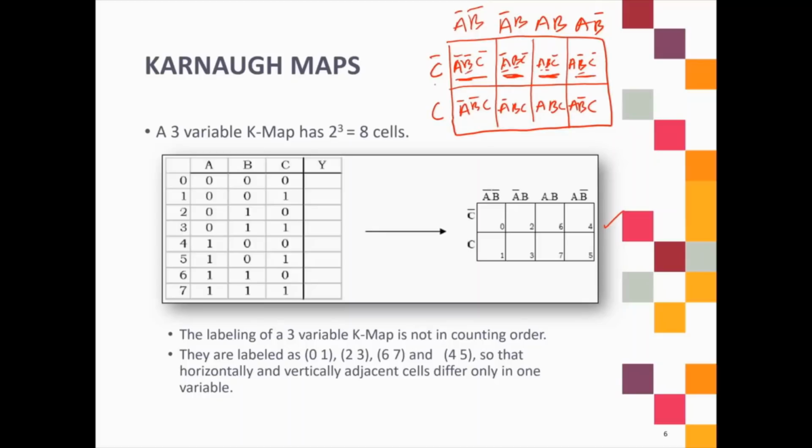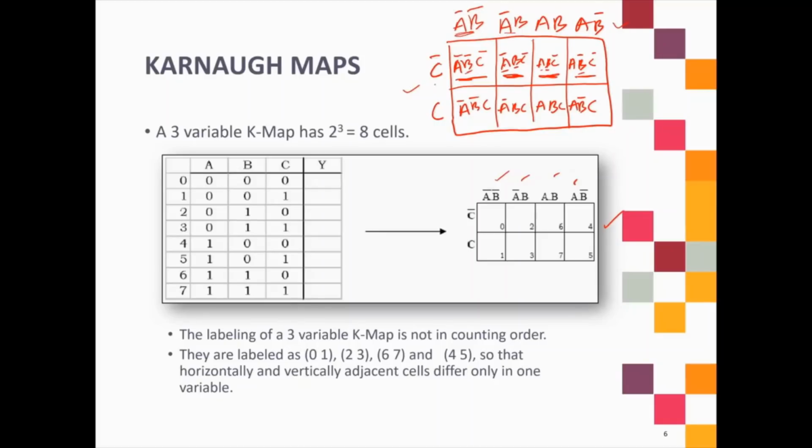For 3 variables, you don't necessarily have to follow this labeling. You can create your own K-map as long as adjacent cells differ in only one variable. Do you understand what I mean? You don't have to follow the variable placement on top like in this example; you can create your own K-map.